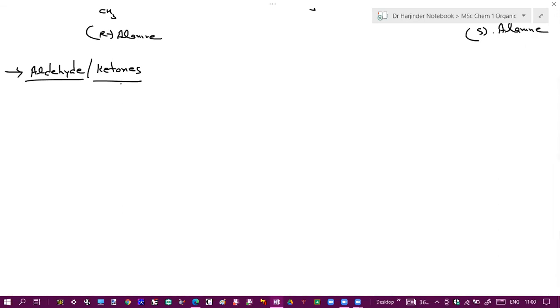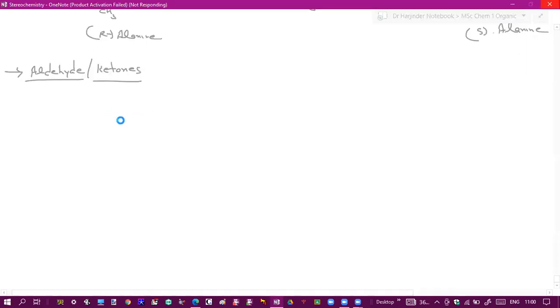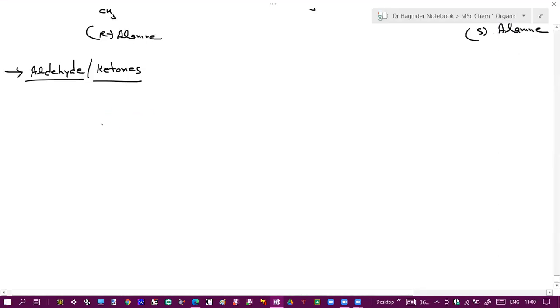Suppose you have plus minus phenyl secondary butyl ketone. Okay, so you have phenyl butyl ketone. It will be something like this one.